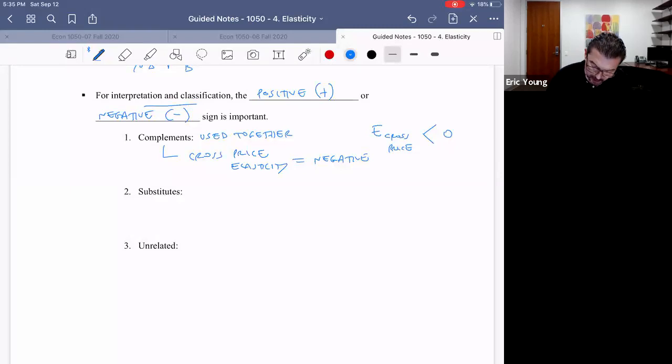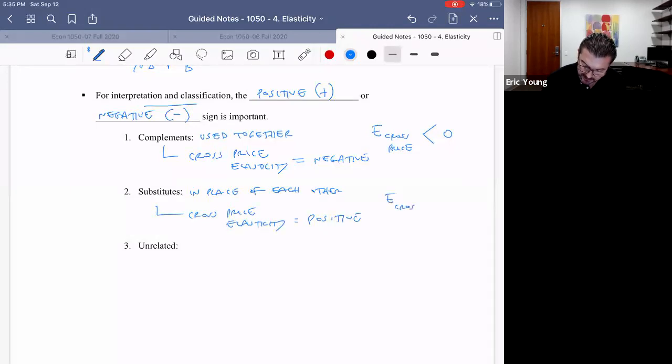Substitutes, as you know, are goods that are used in place of each other. We believe in economics that the cross-price elasticity for substitutes is going to be a positive number. And therefore, the elasticity cross-price coefficient is going to be greater than 0.